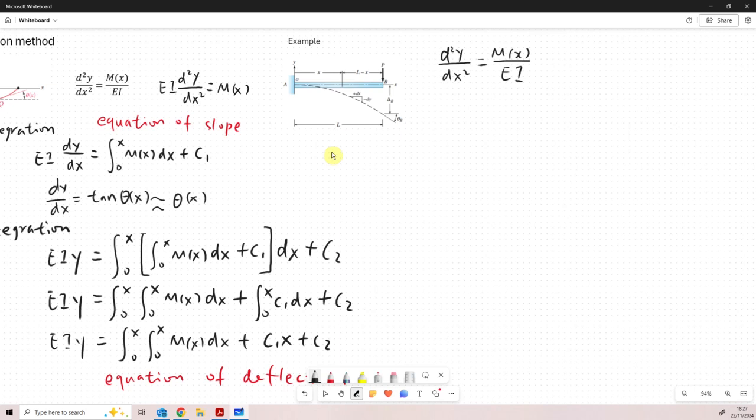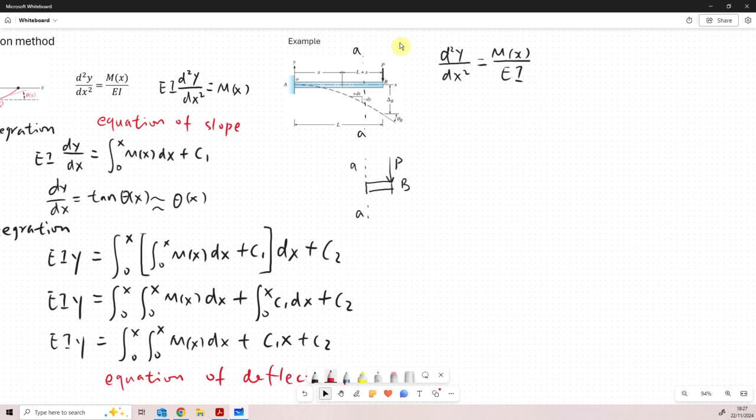First of all, let's use the method of sections, and we arbitrarily cut a section on this beam, A to A. If we just draw the section here, A to A, we have a concentrated load P at point B. The coordinate system is built like this.